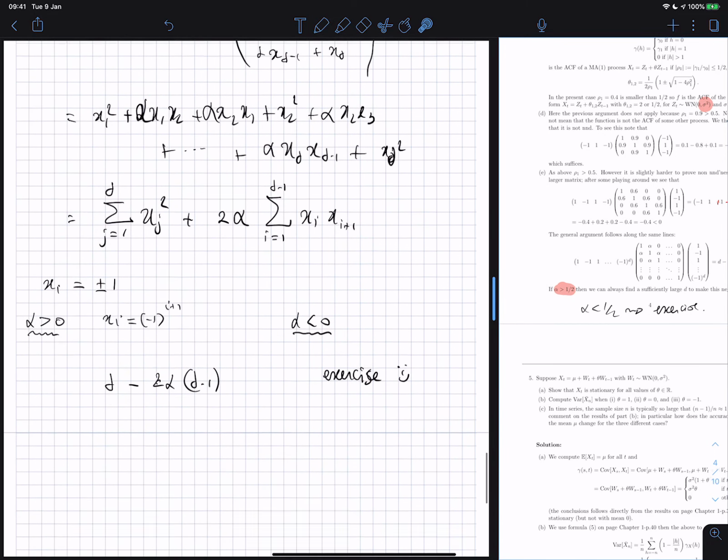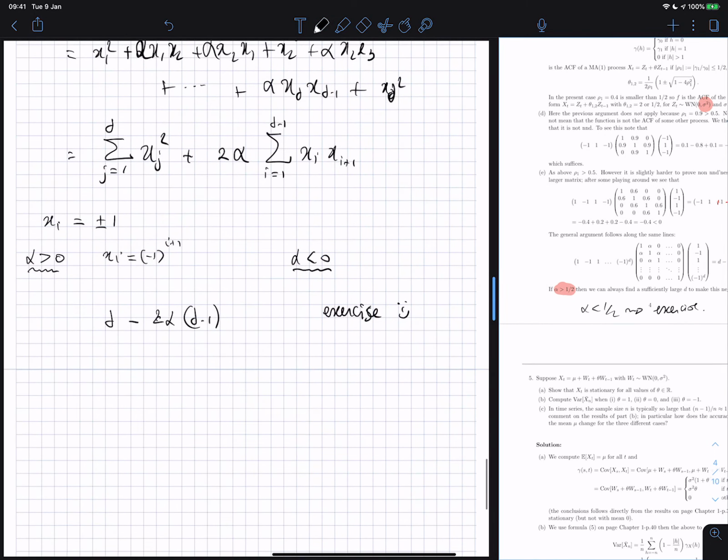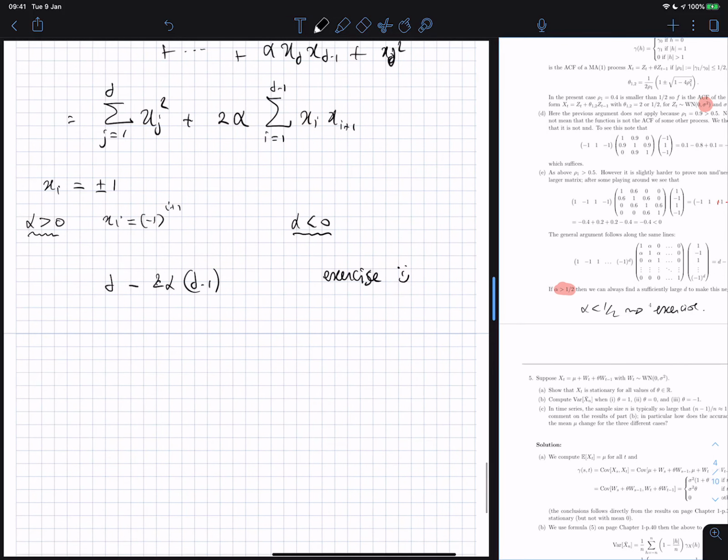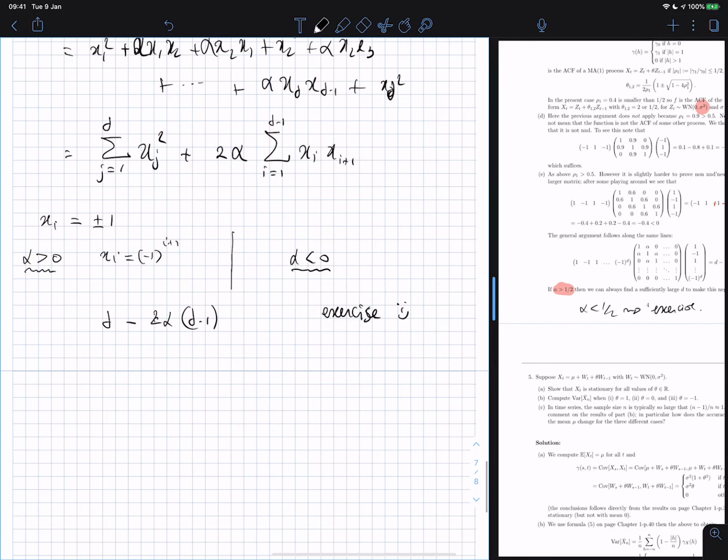So Clara and Roland, I count on you to agree or disagree with me. I think this covers the case where alpha is larger than 1/2. And the case where alpha is less than -1/2 is not covered here, but you have to find another combination of xi's which will do the job. That's okay?